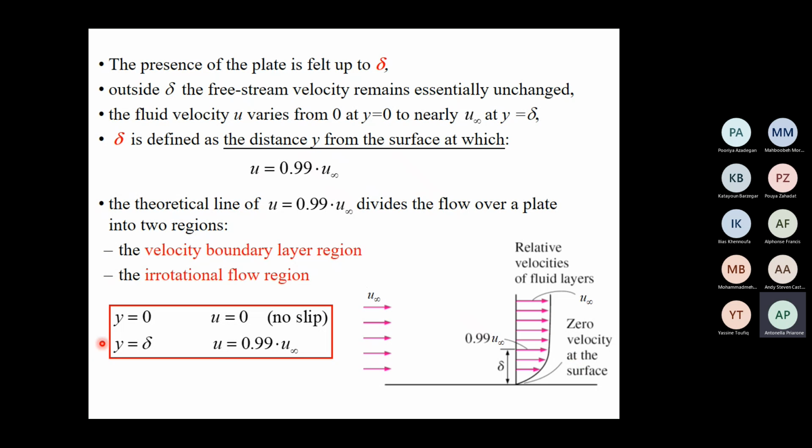So here in red, you have the definition of the boundary conditions of the boundary layers. Lower part, no slip condition, velocity equal to 0, y equal to delta, 0.99 of u infinite.